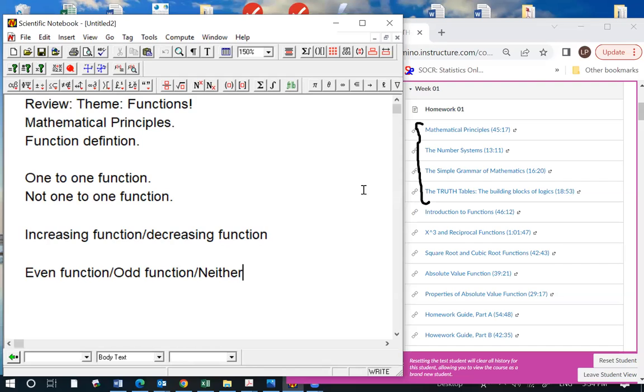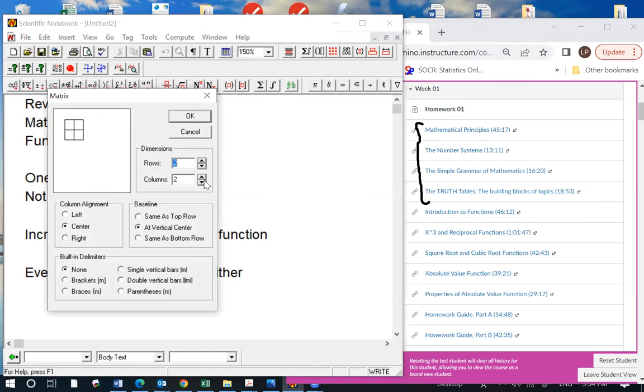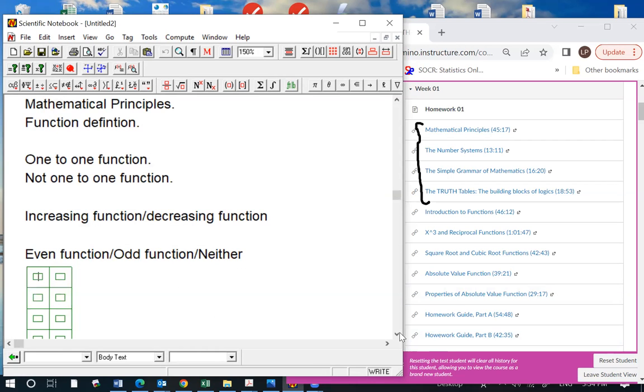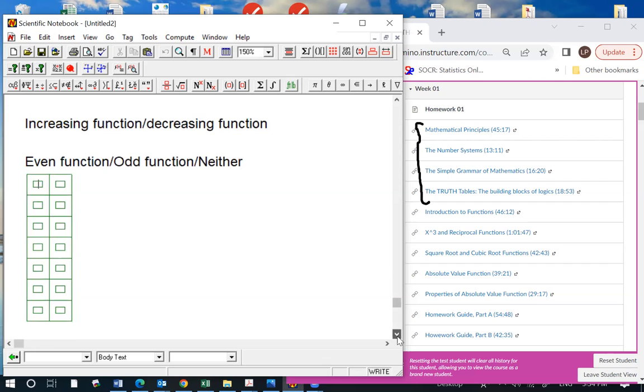On the specific functions, we're going to make a table of functions. In this table of functions, you will see that the first group of functions we talk about are constant functions.